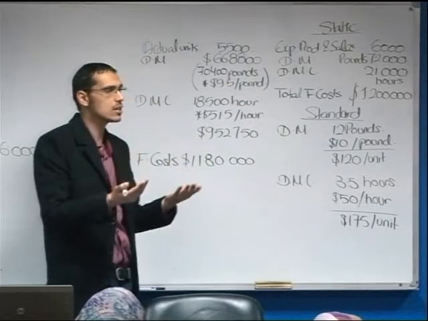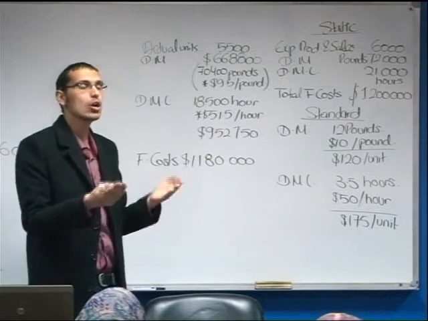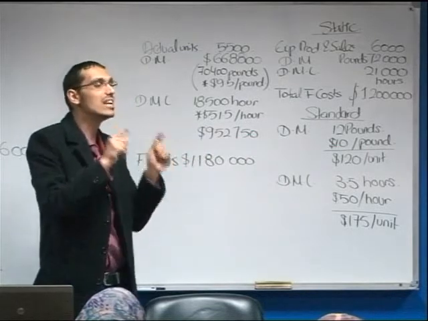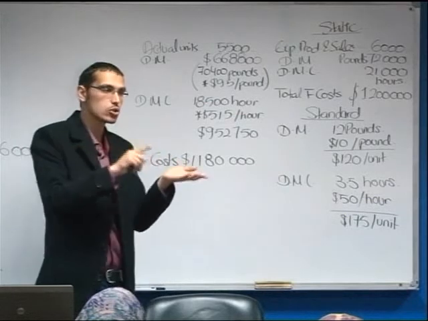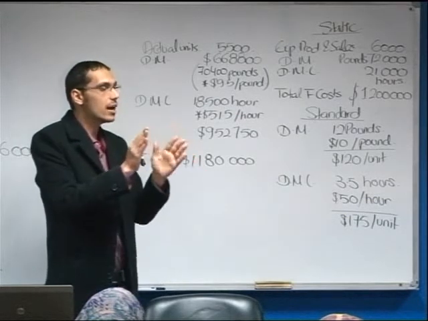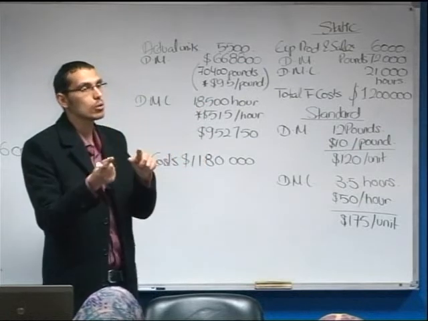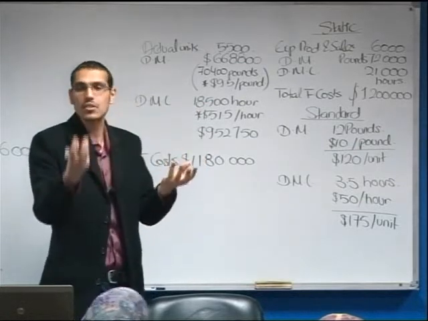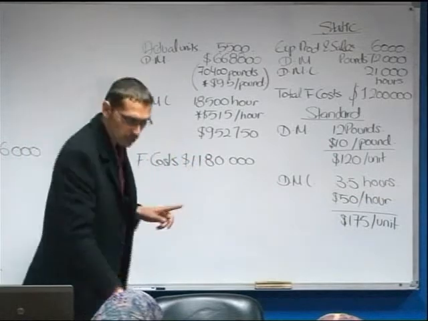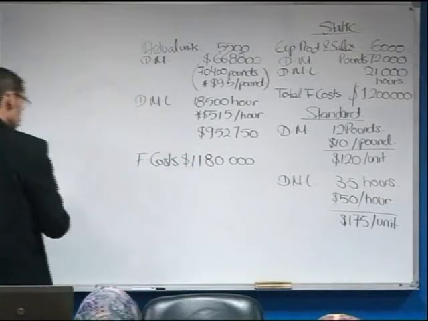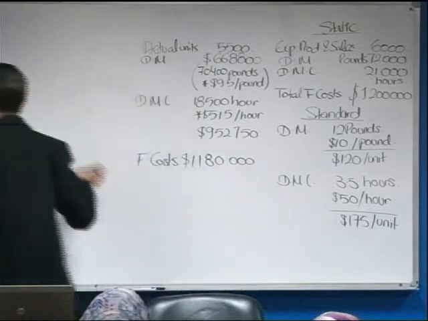In order to determine these two, we need to perform our level 2 analysis. We need, first of all, to compare the actual with the flexible budget, and second, to compare the flexible budget with the static budget. Therefore, this is exactly what we are going to do in number 1.